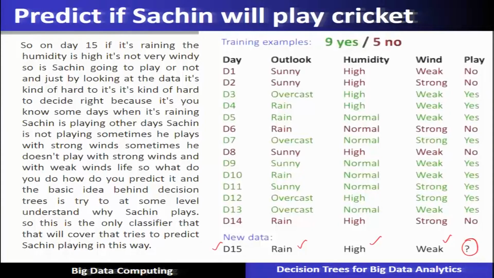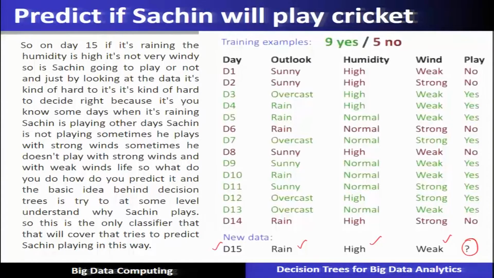From this data set, it is not easy to understand the entire data and come out with a decision. But the decision tree is the technique which will understand the different parts of the data set, the behavior of the player Sachin, and based on that it will do the predictions.